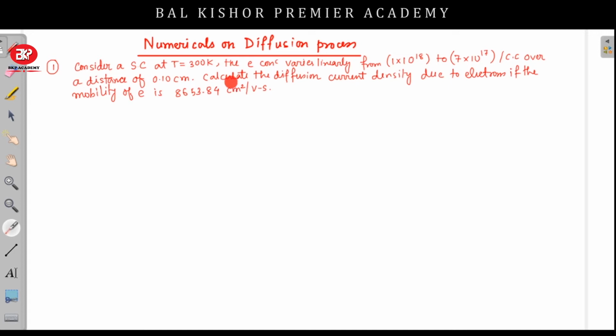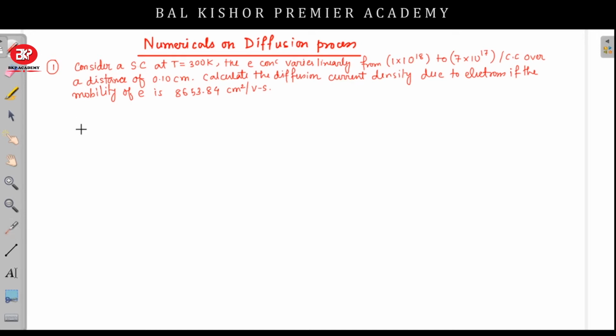We have to calculate the diffusion current density due to the electrons if the mobility of the electron is 8653.84 centimeter square per volt second.